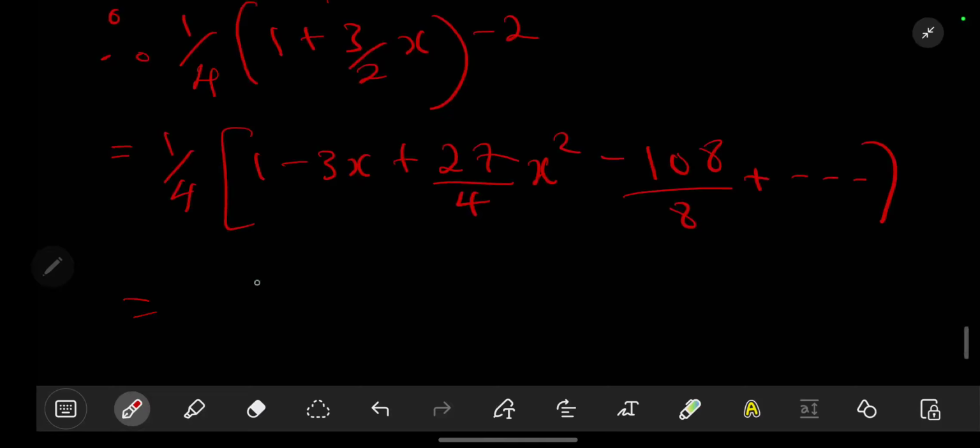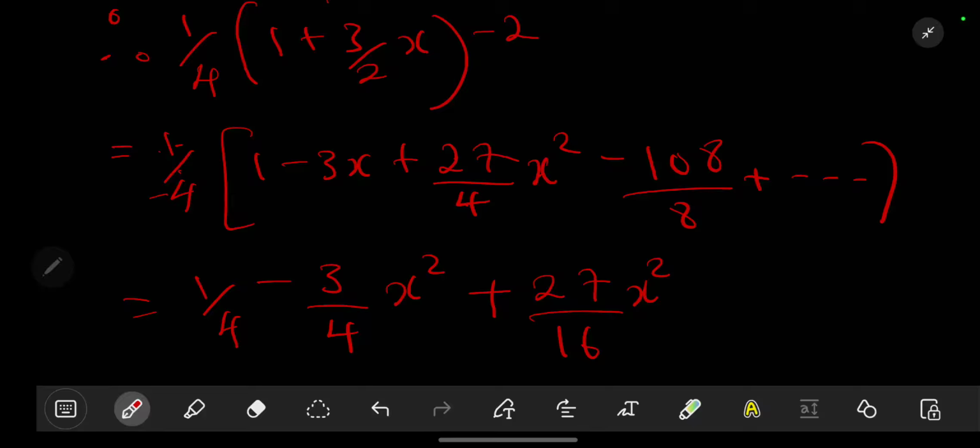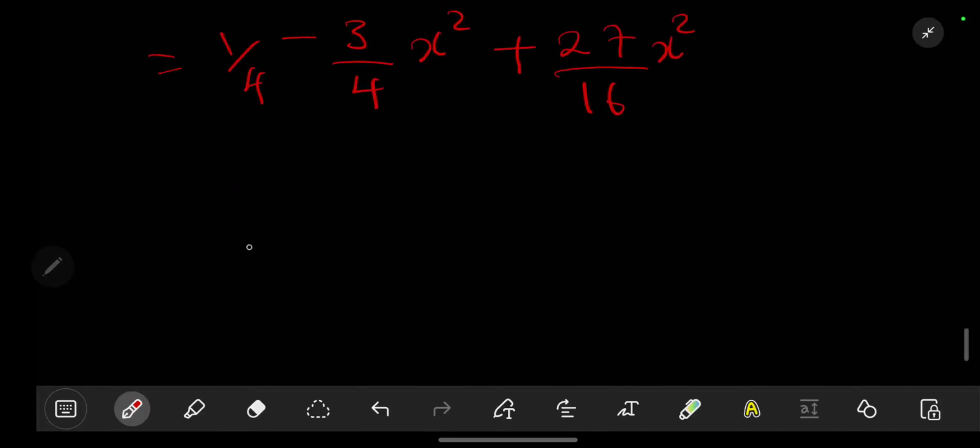So this is going to give us this by this, it will be 1 over 4, minus this by this, it will be -3 over 4. Then we have our x squared, this times this is going to give us a minus. Which term have we skipped? Okay, here. This times this, we are going to have positive. So this times this, 27, 4 times 4, it will be equal to 16. We have x squared there. Half times 1 over 4 times 108, it will be 108 over 4.